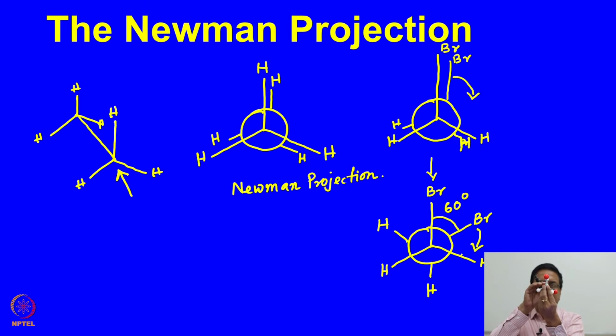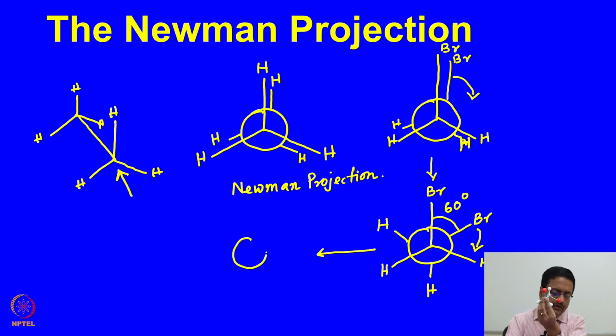Now what happens is behind this bromine I have hydrogen, behind that hydrogen I have a bromine, and these two hydrogens are one behind the other. If I try to draw the Newman projection of this particular compound, keeping the front carbon unaltered, it would look like this.